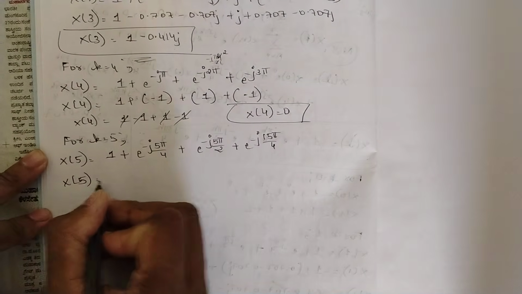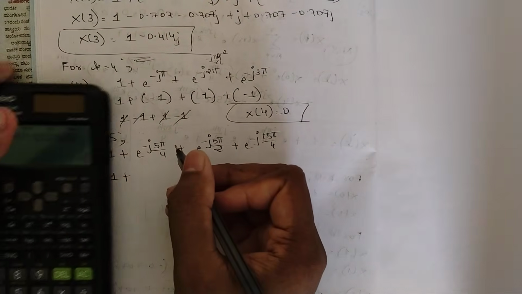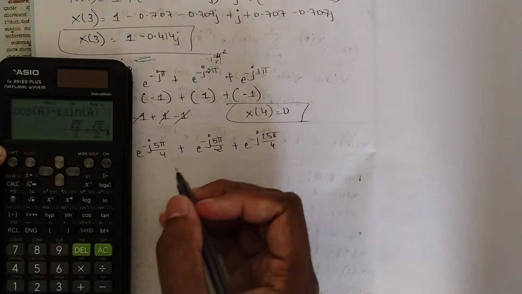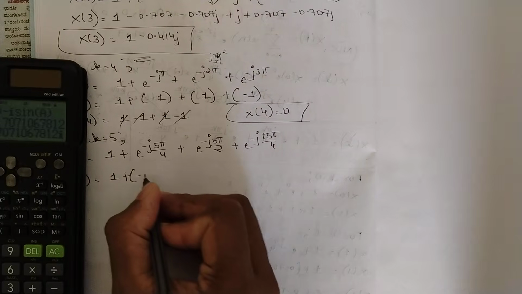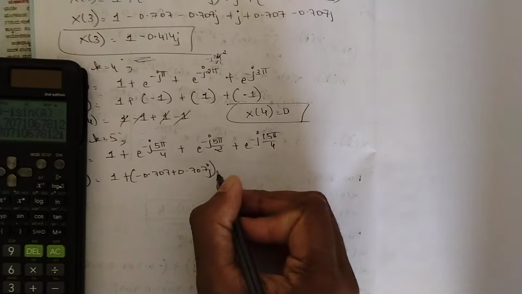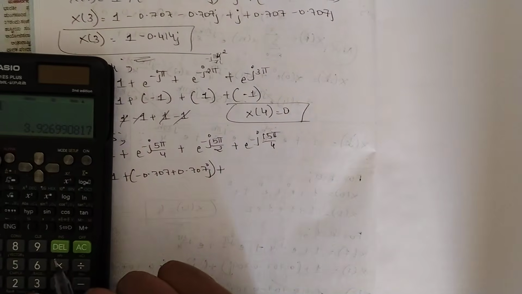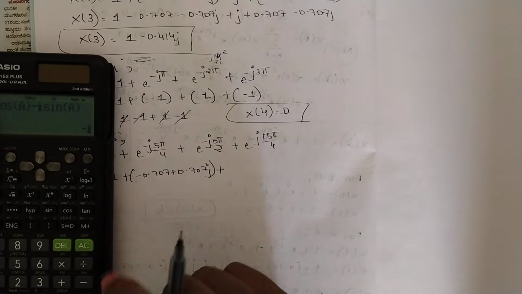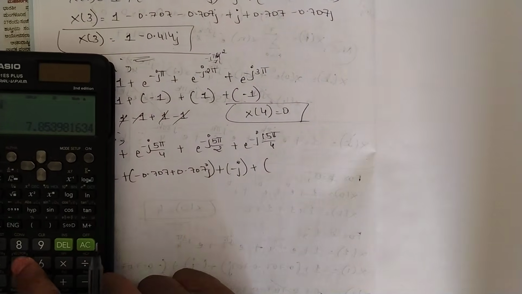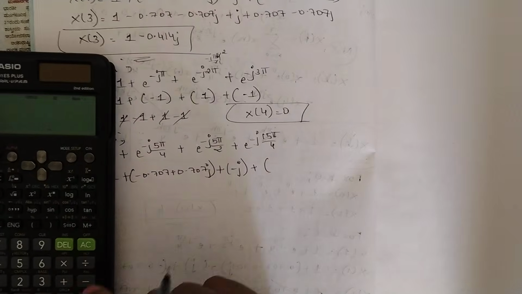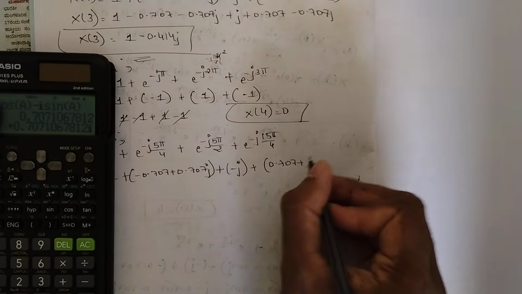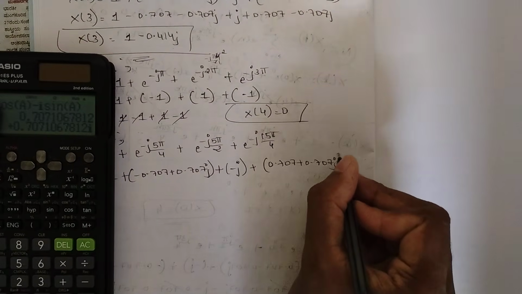So x of 5, that is equal to 1 plus, in place of theta we have now 5 pi by 4, that is equal to minus 0.707 plus 0.707 j. Then we have 5 pi by 2, that is minus j. Then we have 15 pi by 4, that is 0.707 plus 0.707 j.